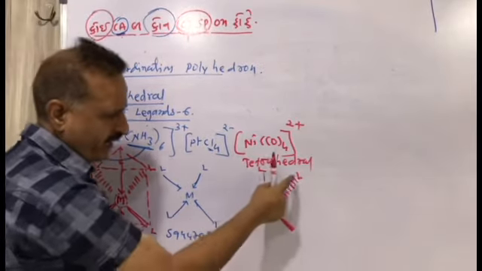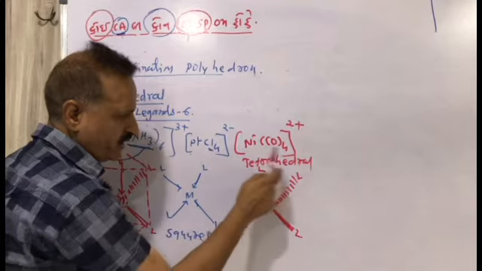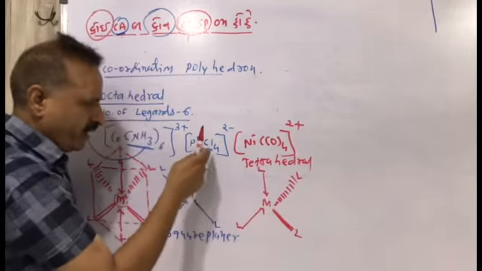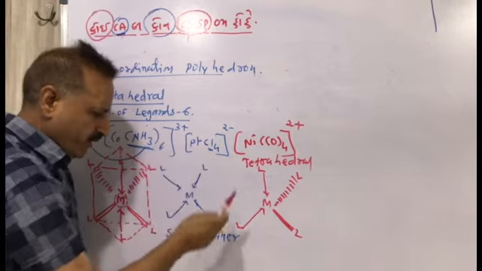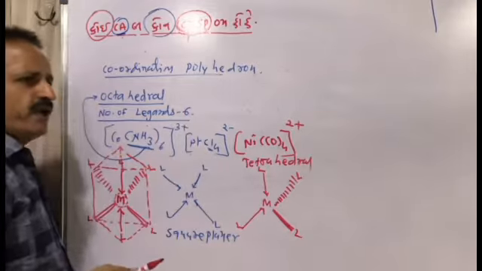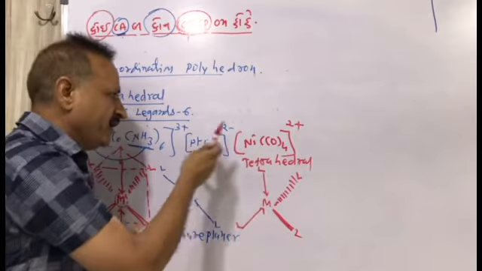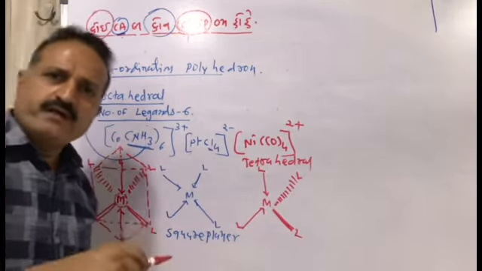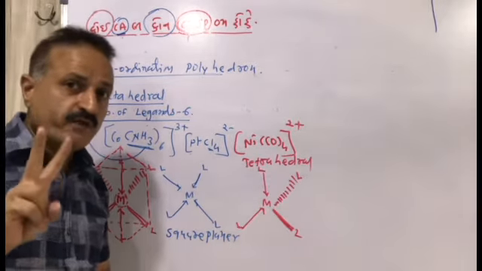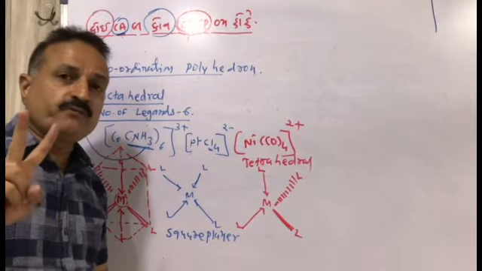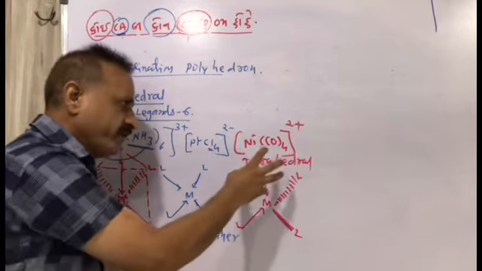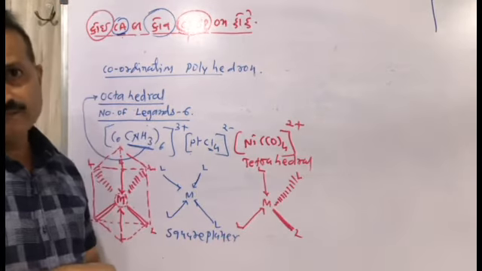The number of ligands is 4: 1, 2, 3, 4. Then one will be tetrahedral and one will be square planar. It is decided by the electronic configuration of nickel and platinum. We will discuss later on. So the number of ligands will be 4, and two geometrical shapes can be obtained. One will be square planar and the second will be tetrahedral.